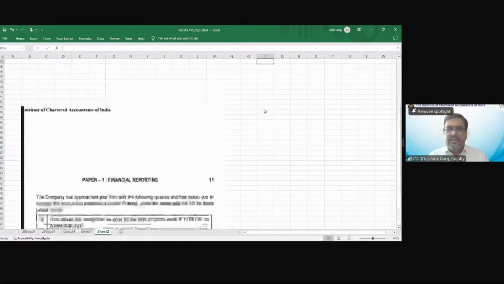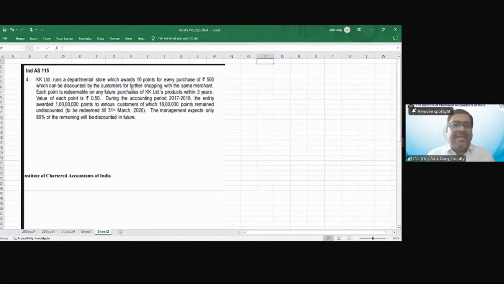Yes. Okay. KK Limited runs a departmental store which awards 10 points for every purchase of rupees 500, which can be discounted by the customer for further shopping with the same merchant.